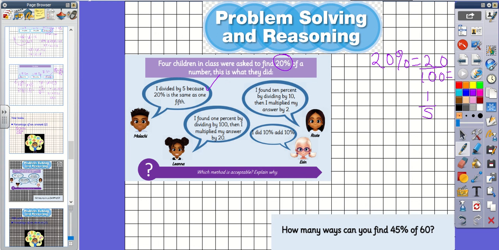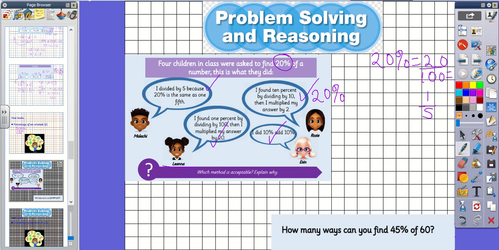I found 10% by dividing by 10, then I multiply my answer by 2. That is also correct, because that's going to give you 20%. Next one then. I found 1% by dividing by 100, then I multiply my answer by 20. She is also correct. And then I did 10% add 10%, and that is also correct.